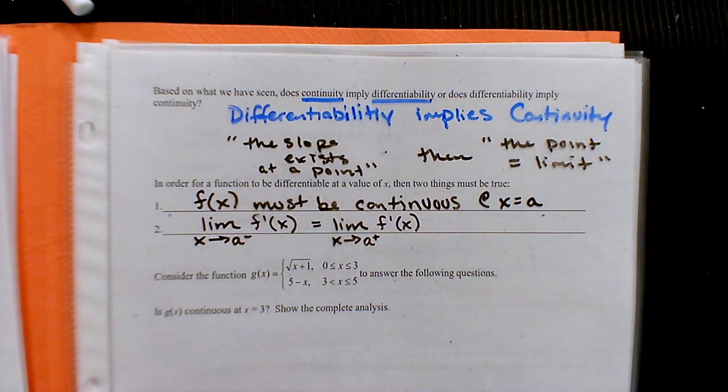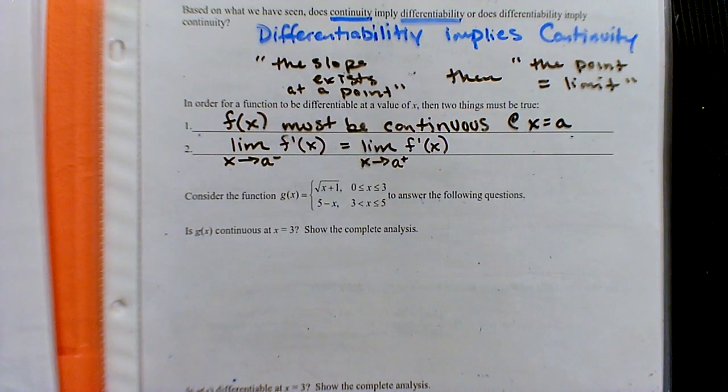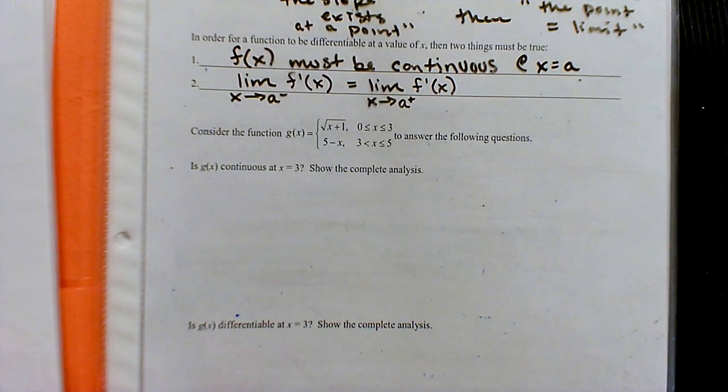We got to check the slopes. Okay, so in order for the derivative to exist, you have to be continuous, but you also have to make sure the slopes match up. The slope from the left is the same as the slope from the right. So we're going to check out those two ideas in this, the next question here.